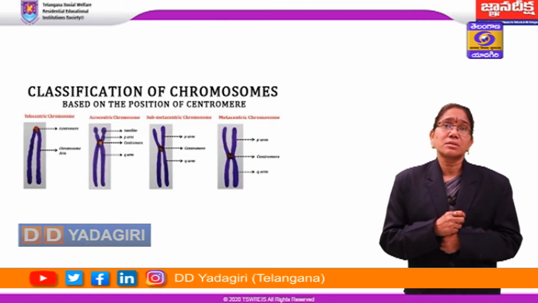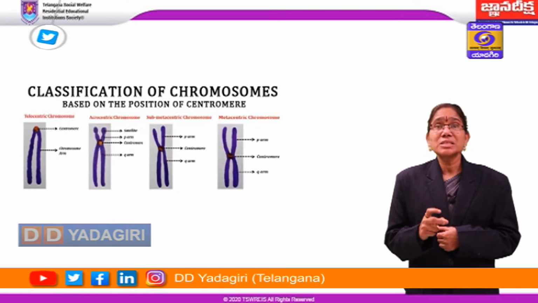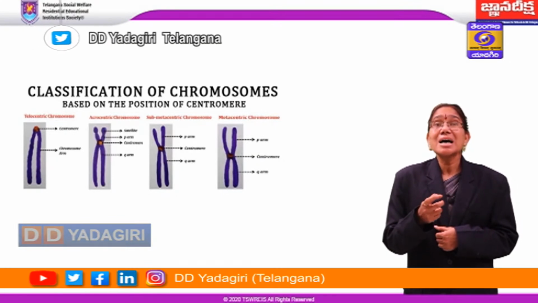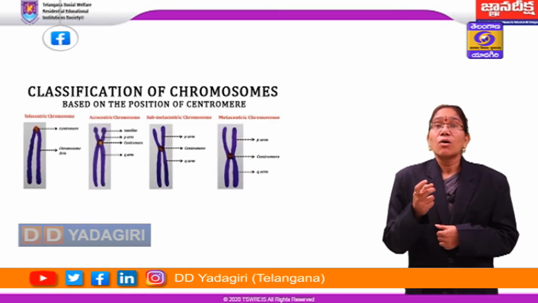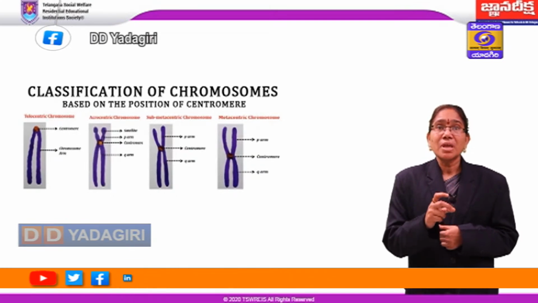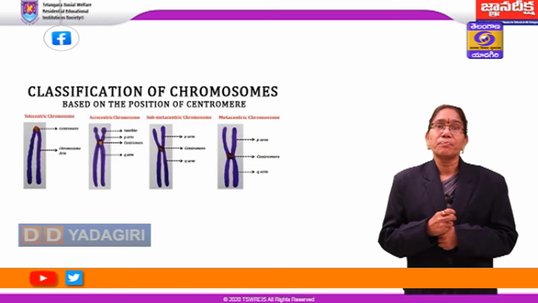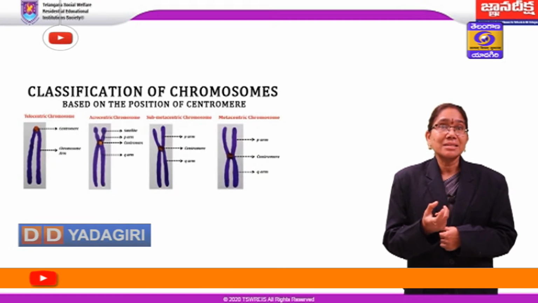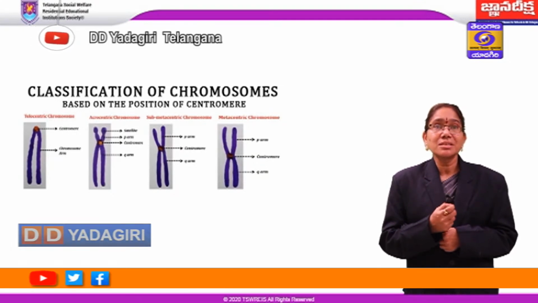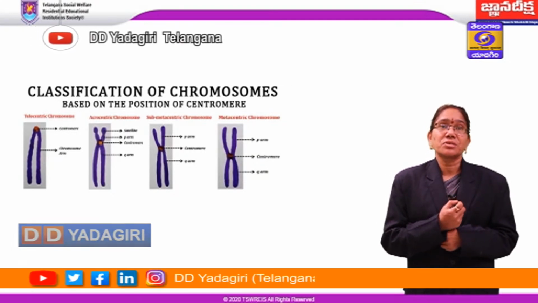Acrocentric chromosomes: the centromere is positioned near the end. This creates one very short arm and one very long arm. Acrocentric chromosomes appear as J-shaped structures in the metaphase stage.